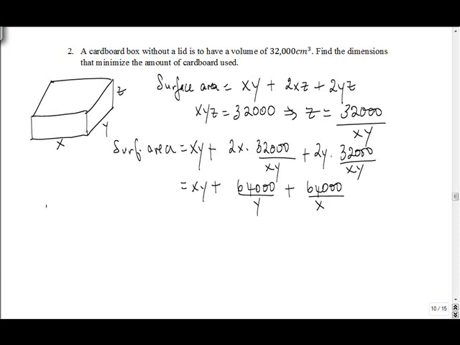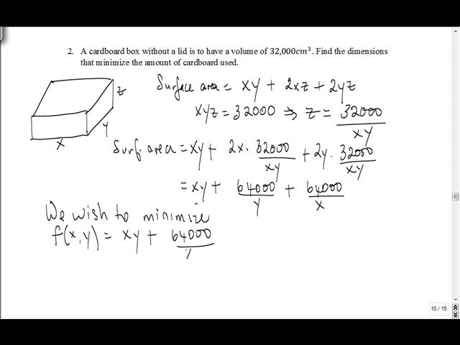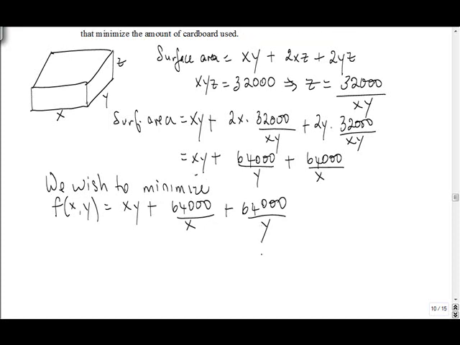So that's a function. So we wish to minimize f of xy equals xy plus 64,000 over x plus 64,000 over y. Alright, so as long as you have your function, you're good to go. That is what you need, okay?